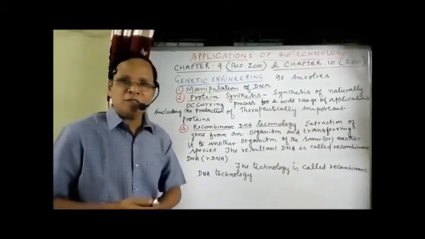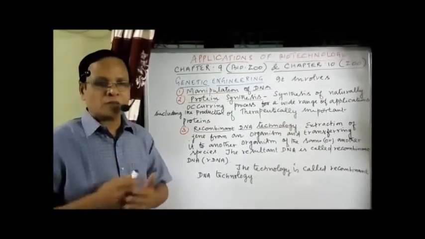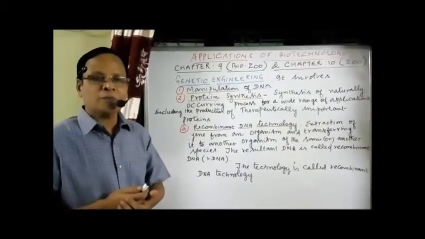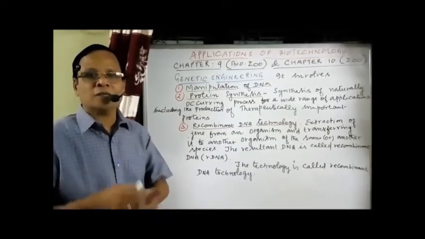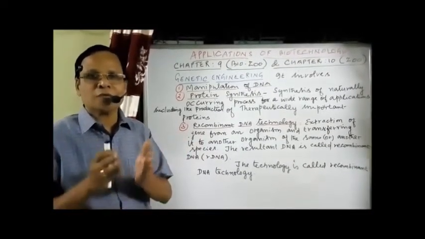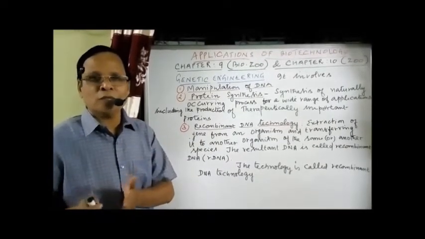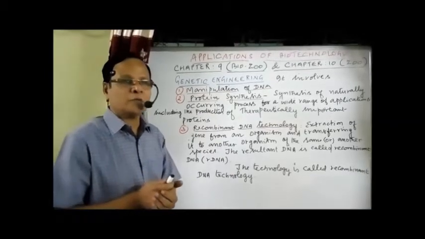Genetic engineering means manipulation of genes according to our will, according to our desire. Manipulation means either synthesis or repair, either removal or addition. All events together are called manipulation: synthesis, addition, removal, and also the repair of DNA.